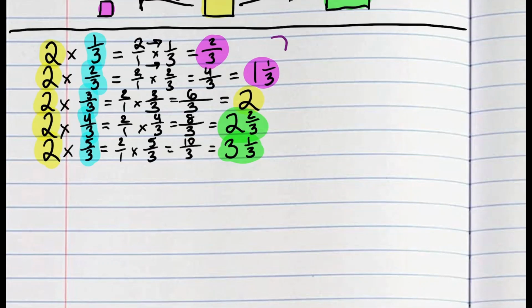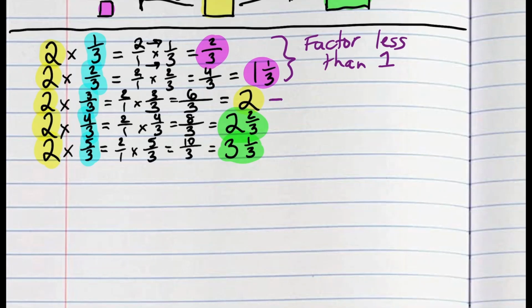In the first 2 problems, I multiplied by a factor less than 1. In the first one, I multiplied it by a factor of 1/3. In the second one, I multiplied by a factor of 2/3. Both of those fractions represent a number less than 1 whole. It's not a full anything.